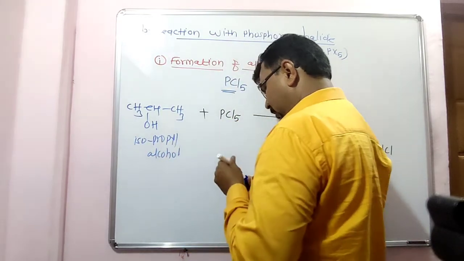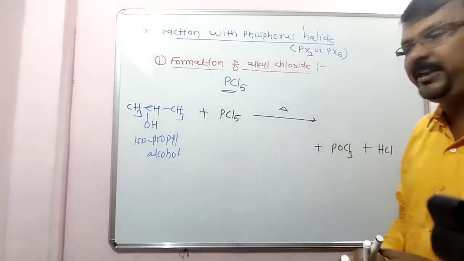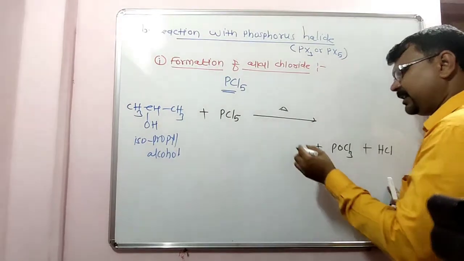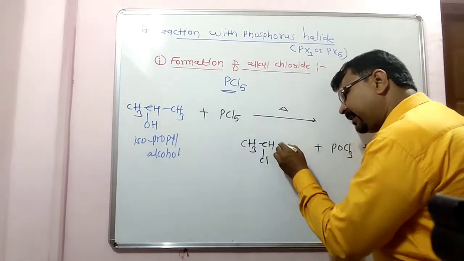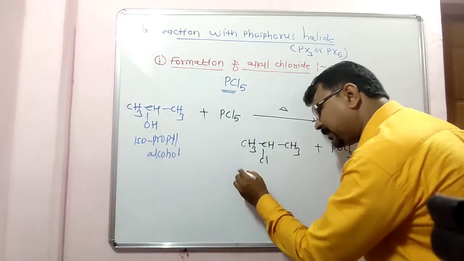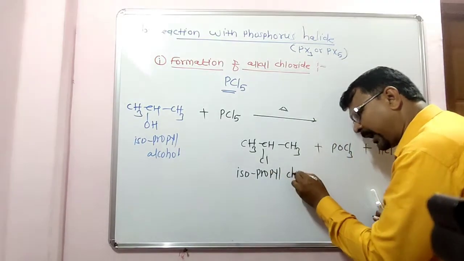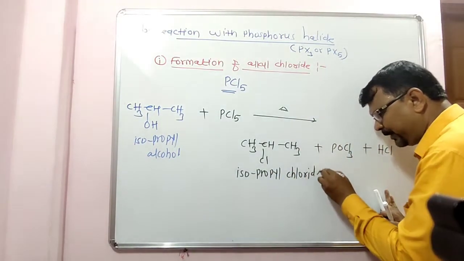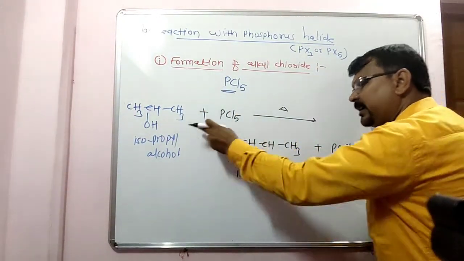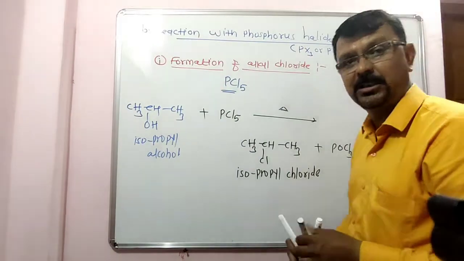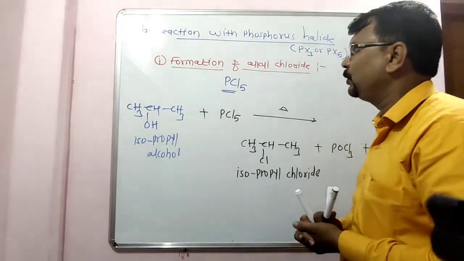When isopropyl alcohol is heated with PCl5, the product is CH3CHClCH3, isopropyl chloride. Simple. The OH minus is replaced by the Cl minus. Type: nucleophilic substitution reaction.